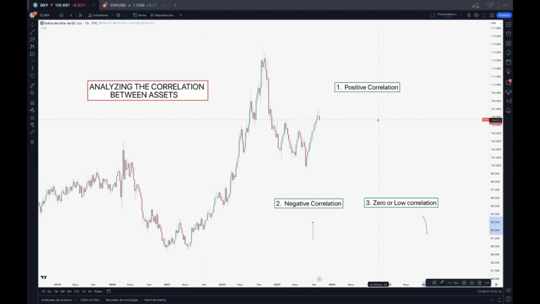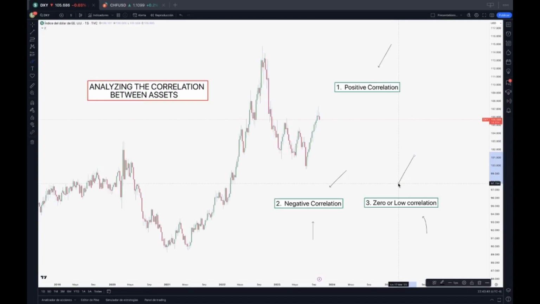We want to use this as a way of diversifying our portfolio; we are not looking for positive correlations. We are looking for negative or zero or low correlations, right? Since portfolio diversification aims to reduce risk by spreading investments across different assets with low or negative correlations, as I was saying.